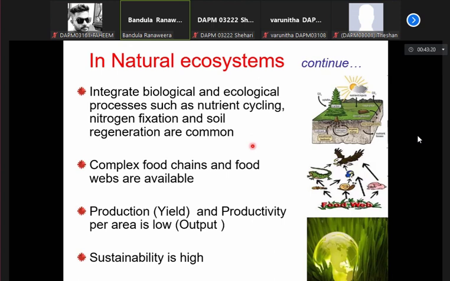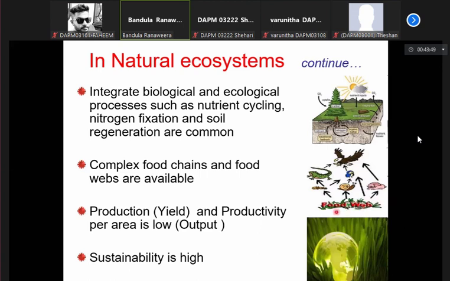Then as there is a higher number of plant species in a natural ecosystem, from each and every plant species there are primary consumers of that plant. This is an illustration, a kind of cartoon, not a real picture.